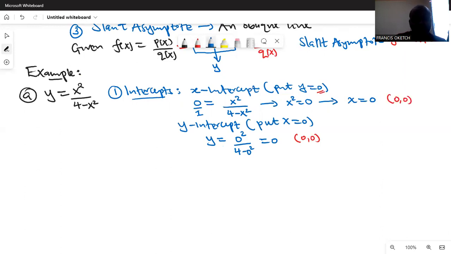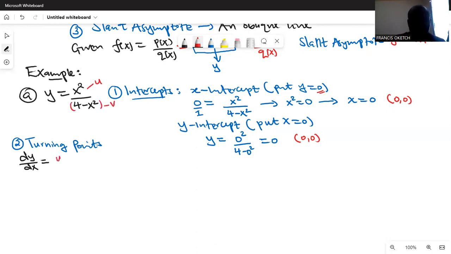The second item that we need to find is turning points. And we said a turning point is where dy over dx is equals to 0. So we need to find dy over dx. That should be, use quotient rule. The numerator is u. The value of this denominator is v.